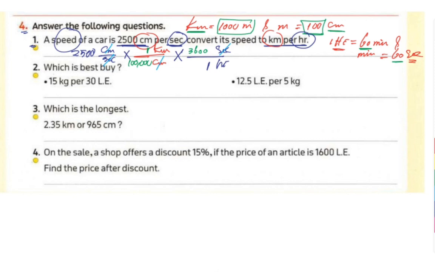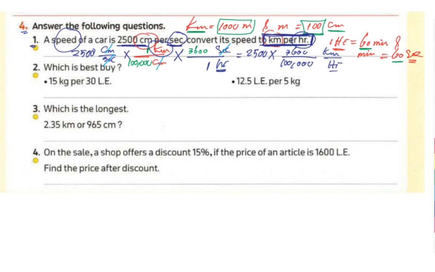Okay, now I have numbers here, multiplication operation, that equals: 2500 times 1 times 3600 over 100,000. Where is the unit? I just have kilometer per hour. And that's the required unit, kilometers per hour.